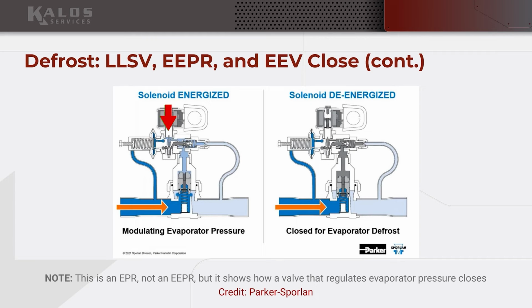When it de-energizes, it closes the valve. Yes, because the valve's normally closed. So when it's de-energized, it's closed. We are not providing power to it. We provide power to it to open it. Correct.